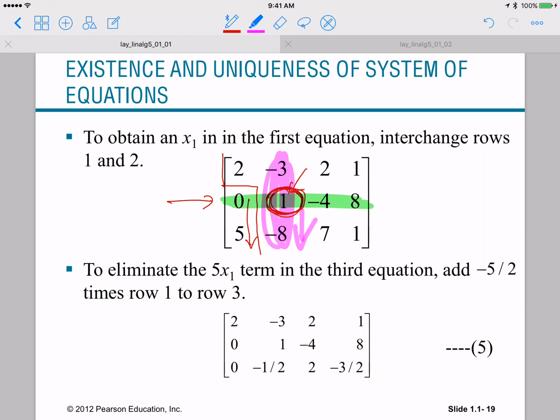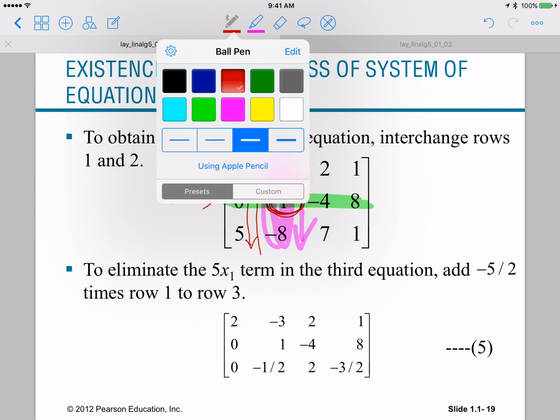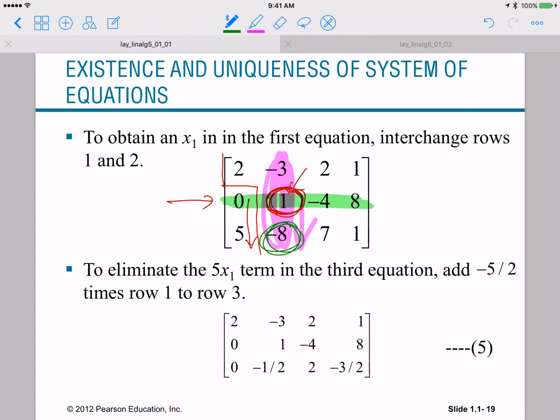If we see any non-zero values below that leading entry, it's no longer a staircase, or no longer echelon form. In other words, we have to see this value as 0. So that's another condition that we have to satisfy in order to see this staircase shape or echelon form.